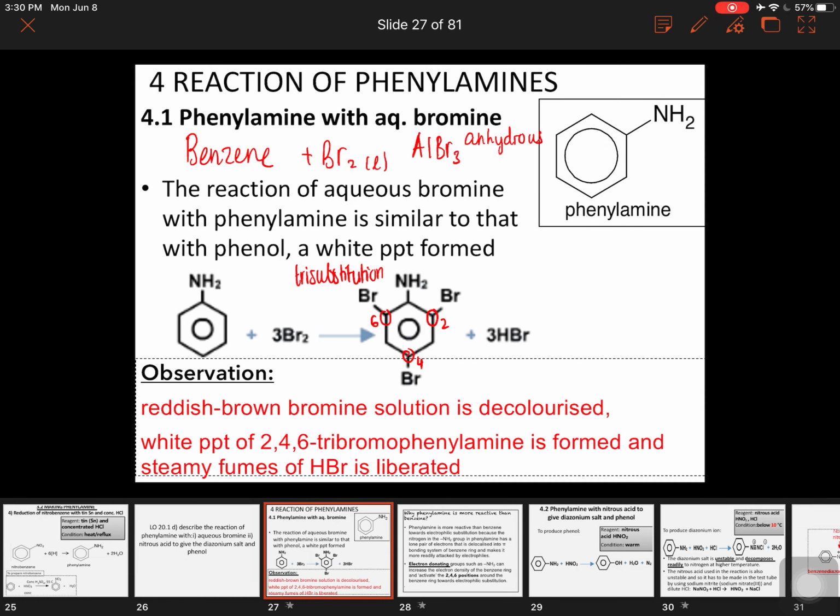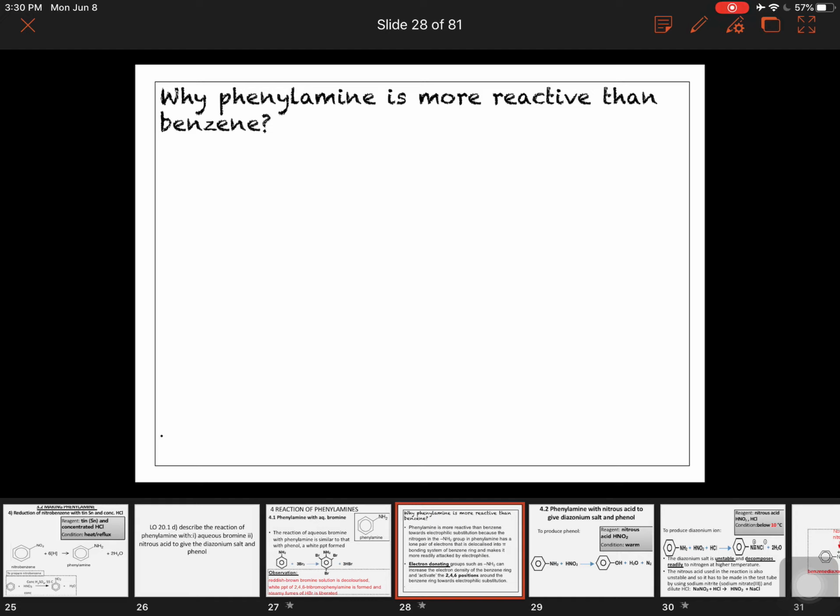Okay, and another thing that you can observe is your bromine water going from reddish brown into colorless. So these are the two observations that you would expect. And steamy fumes of HBr.